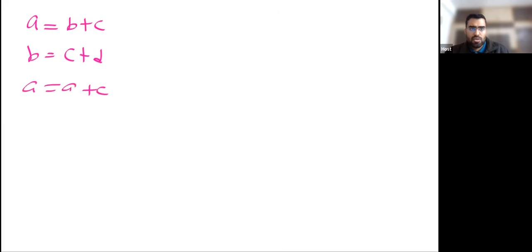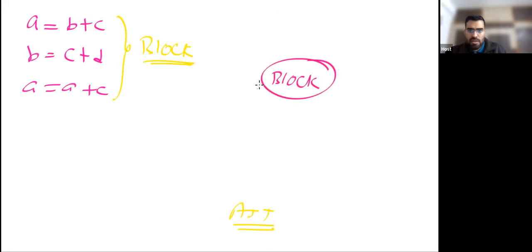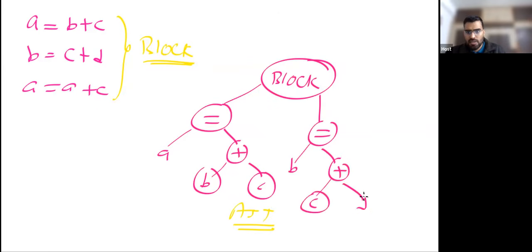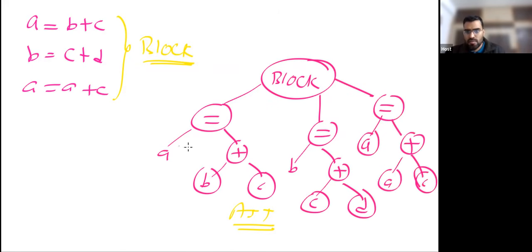The abstract syntax tree will be like this. In this block you have equal a, plus b, c. Again there will be equal b, plus c, d. Again there will be equal a, plus a, c. Like this you can create the abstract syntax tree.